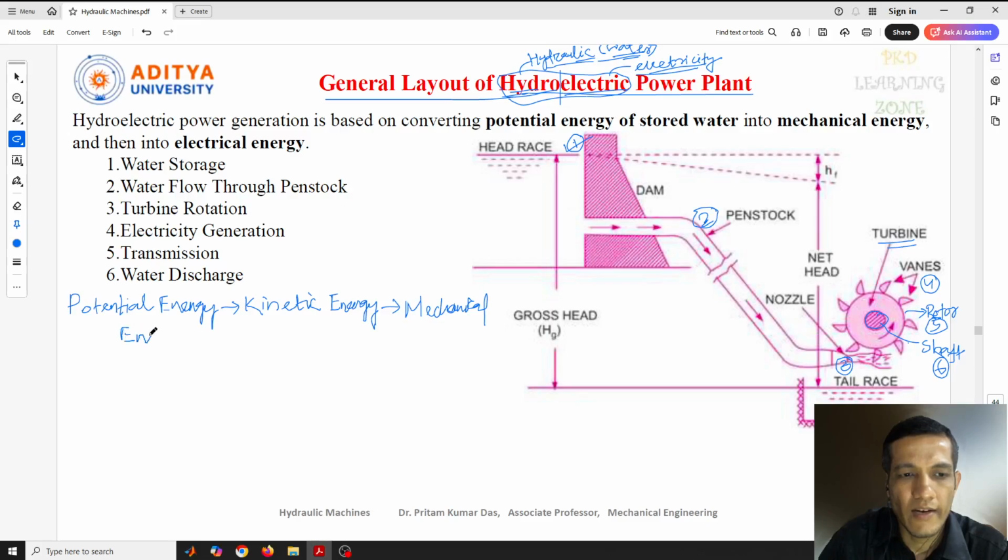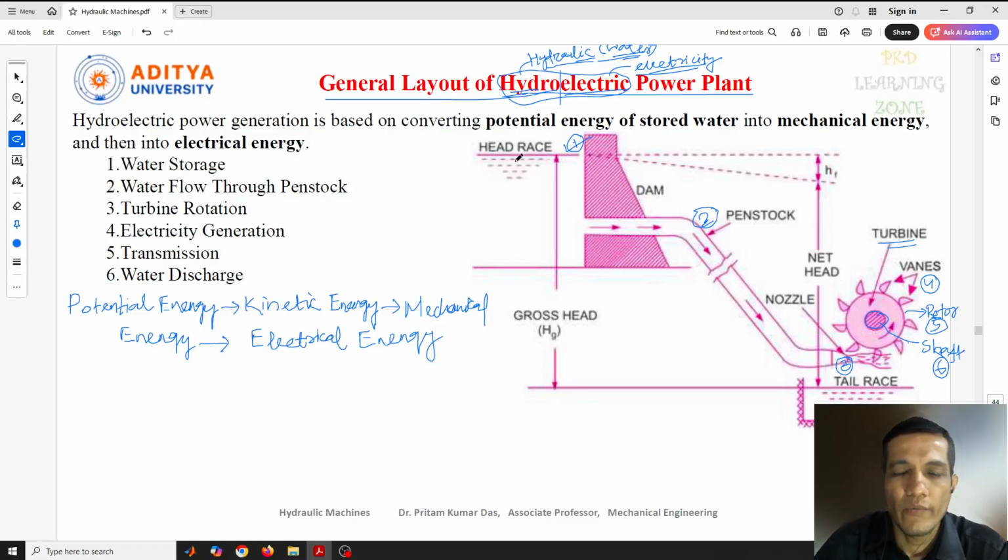Finally, from the mechanical energy it is going to be converted into electrical energy. We'll discuss all these things in this lecture. As I told you, first we'll discuss the terminology, then we'll go for the energy conversions.